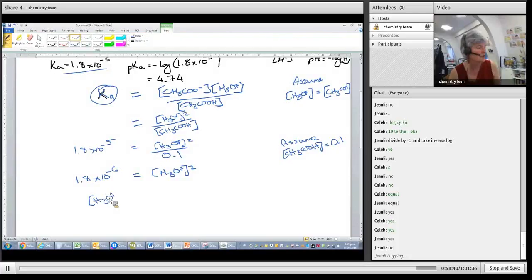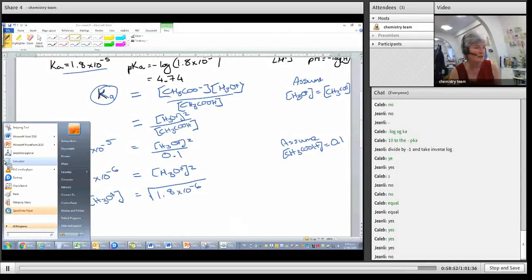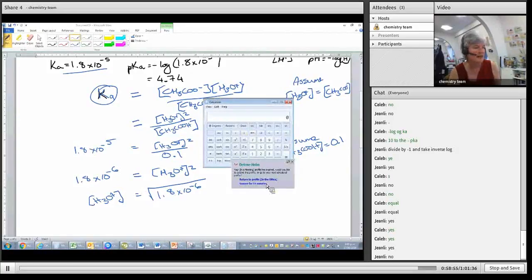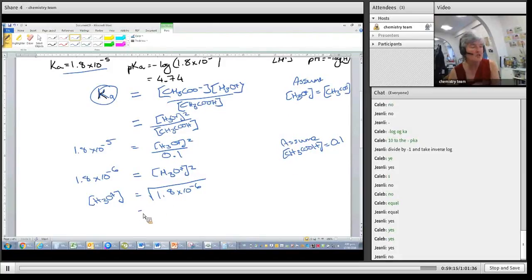So on the calculator, 1.8, exponential, minus 6, and I'm taking the square root. So you should get something like 0.0134. Try and remember also to take at least 3 significant figures during your calculation. So 0.00134.